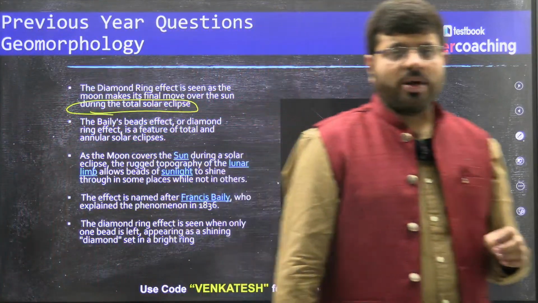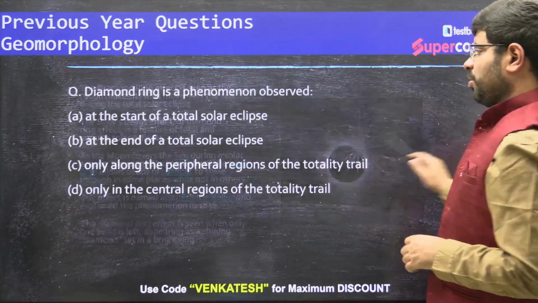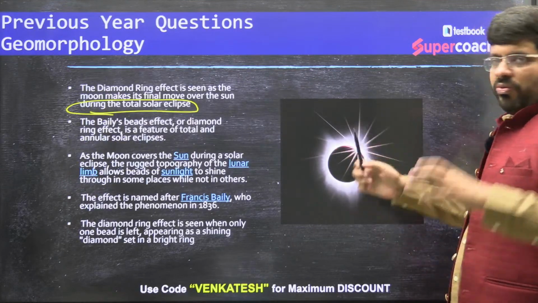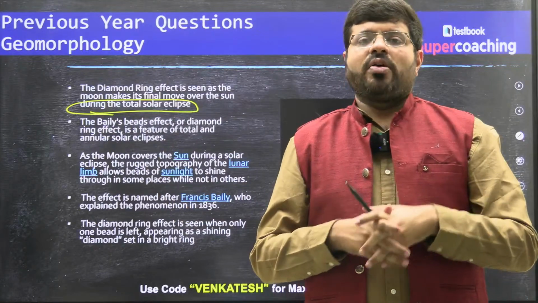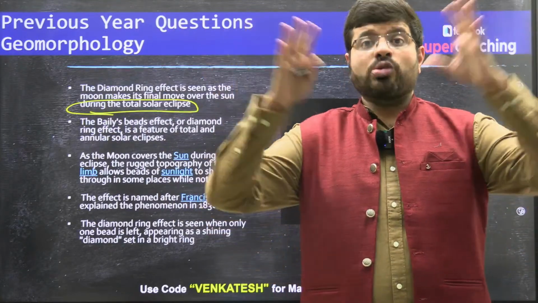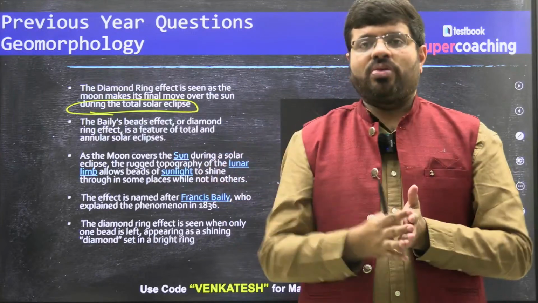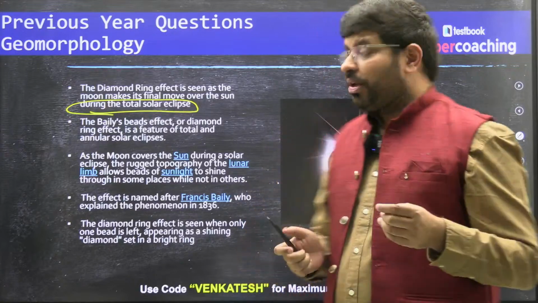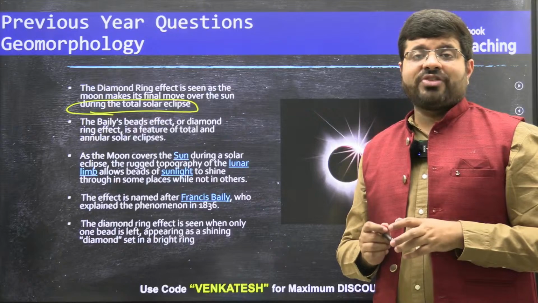So at that point of time, you do find that diamond ring is observed along the peripheral regions of the totality trail. So when the sun and the moon are moving, when you find such kind of a total solar eclipse, the edges of the topography of the moon will showcase the phenomena looking like a diamond ring, which you can see from the earth.